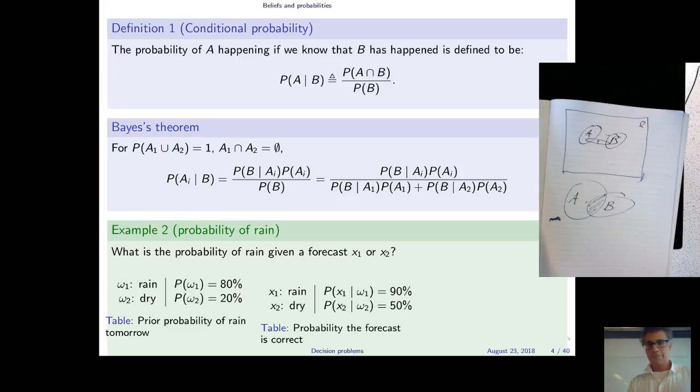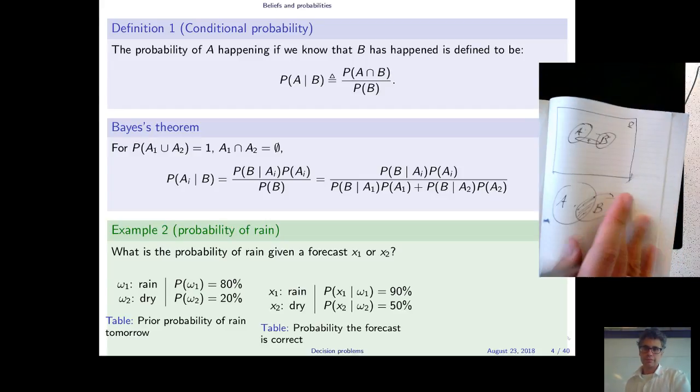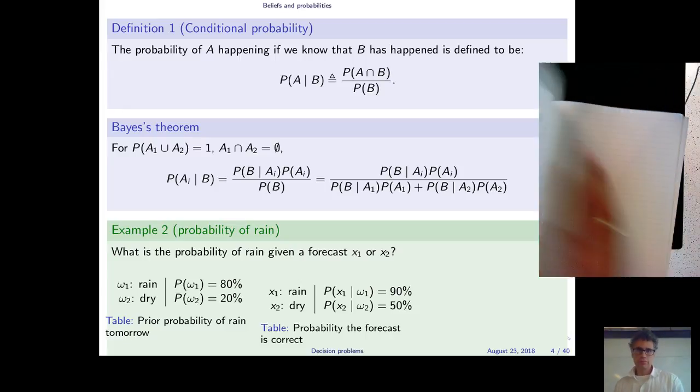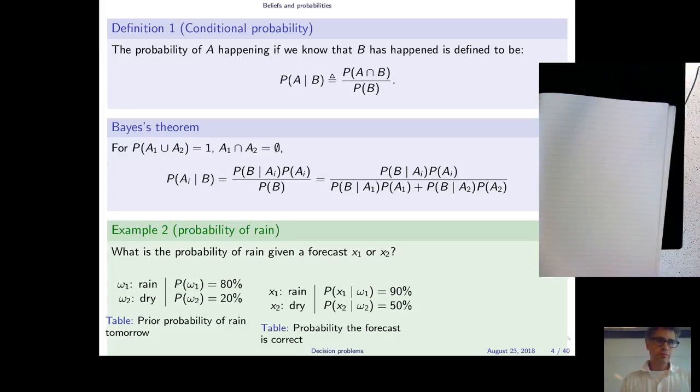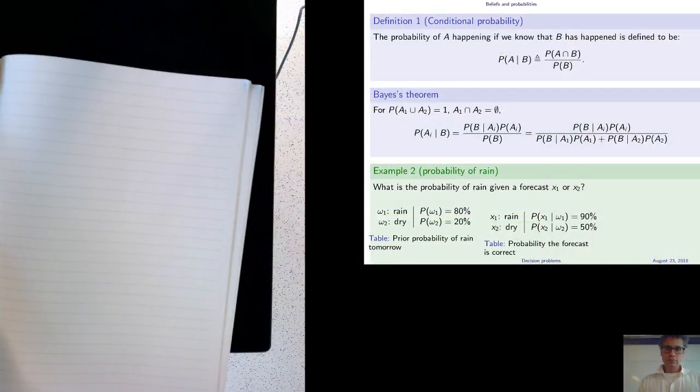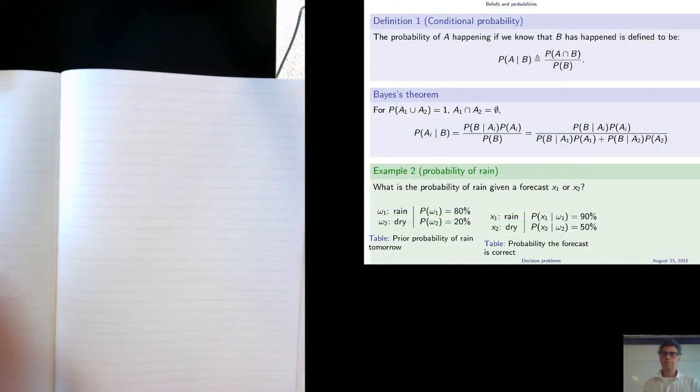Okay, let me go through it a little bit. How should this work?